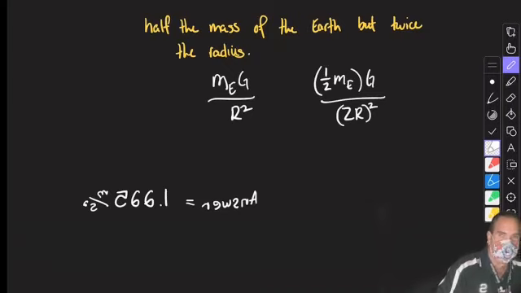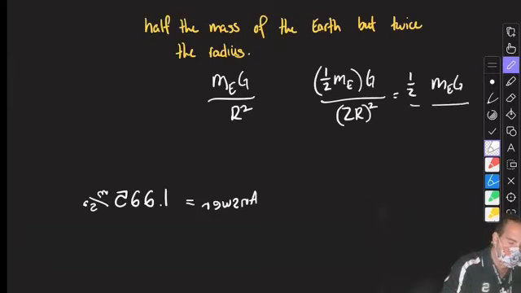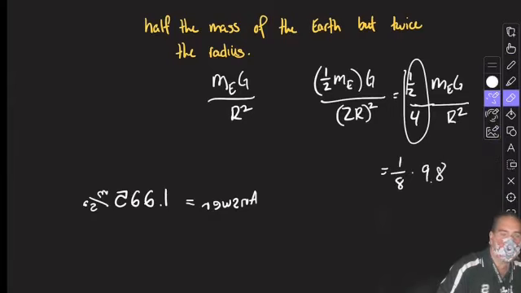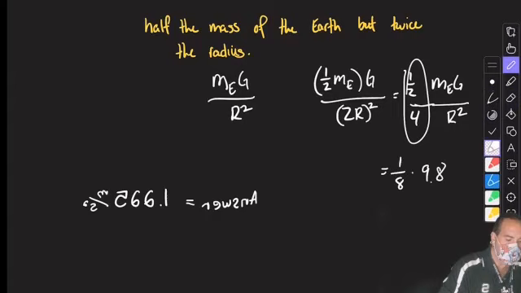When I pull out the variables, I get 1/2 on top and 4r squared on the bottom. This is 1/8. And that gives me 1.225.